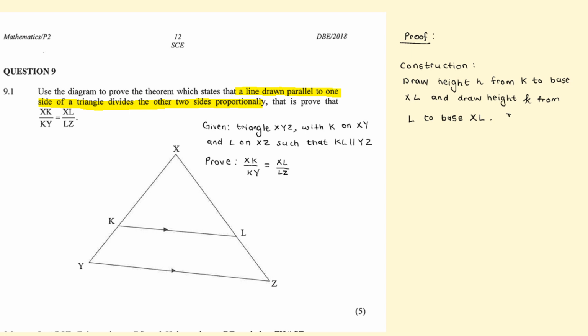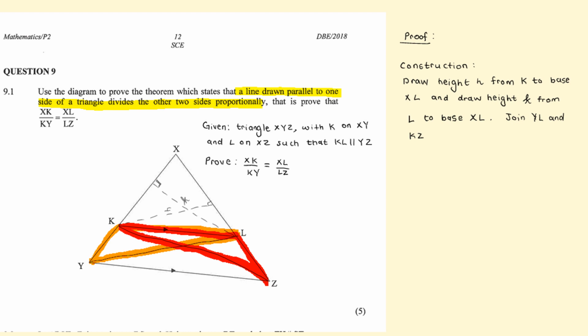And lastly, you need to say join YL and KZ. So let's draw all of these things in. These two triangles are connected by the same base, KL, and they are between the same parallel lines.